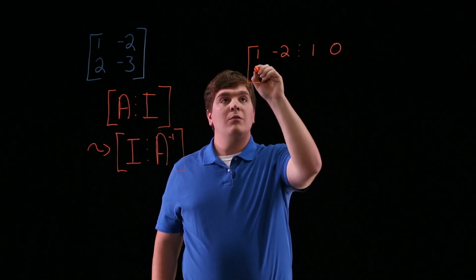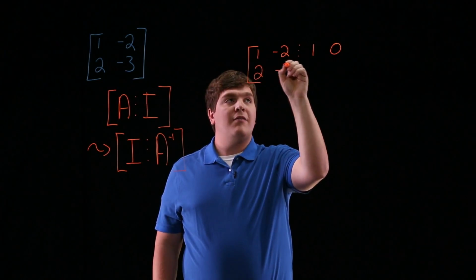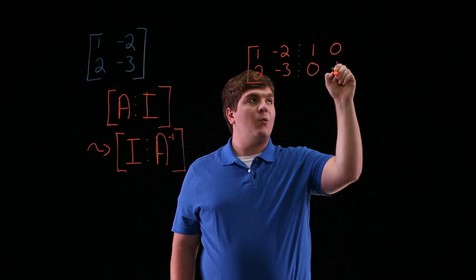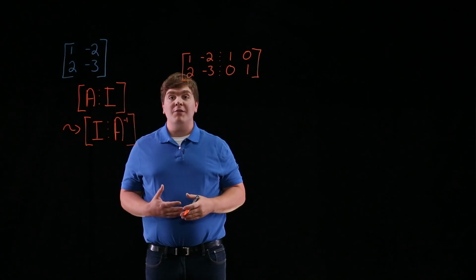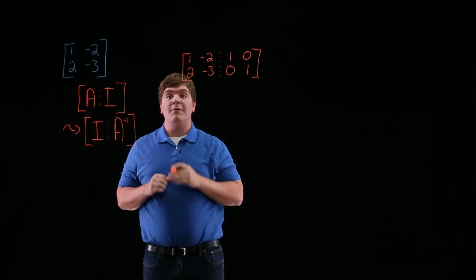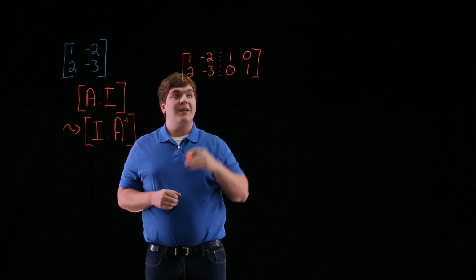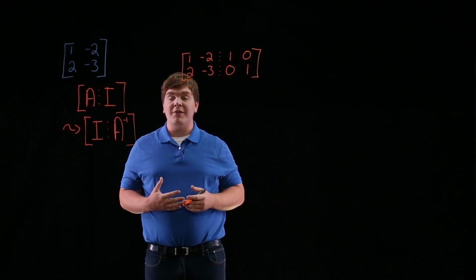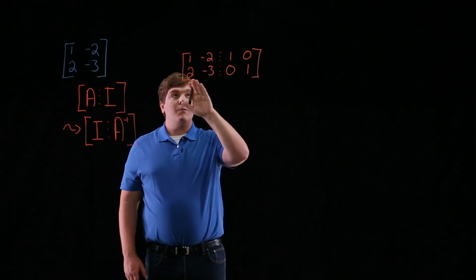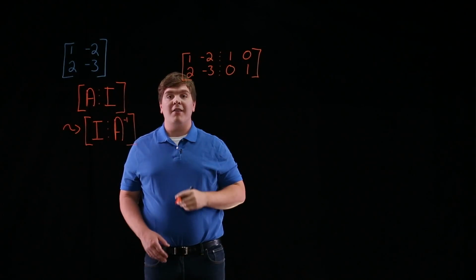And in our second row, we'll have 2, -3, followed by 0, 1. Now what you'll want to notice here is that on the left-hand side of our matrix, we have the matrix that we started with, and on the right-hand side, we have the 2 by 2 identity matrix. From here, we'll want to perform our row operations to try to write the identity matrix here on the left-hand side.